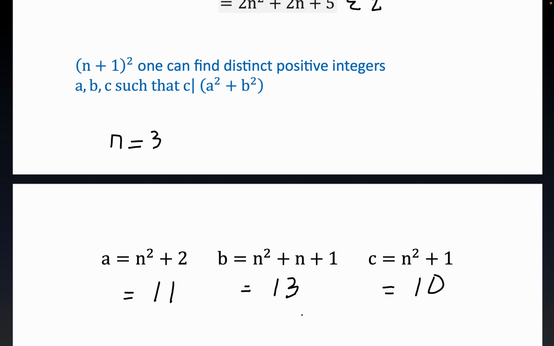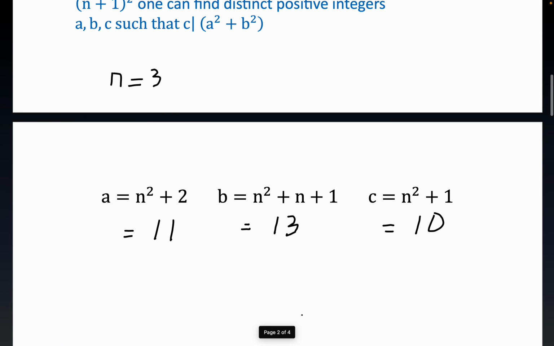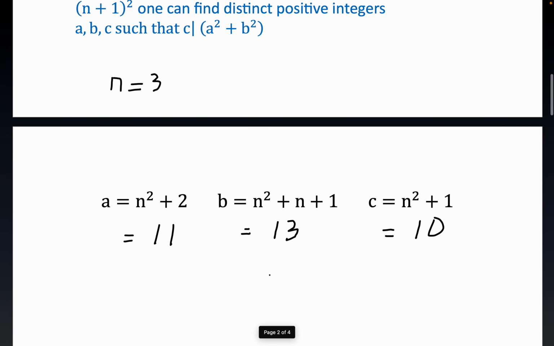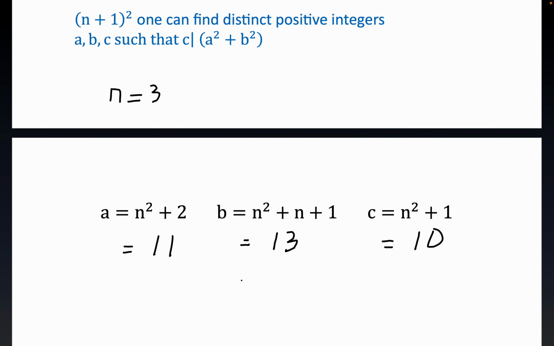So right here, now we have to square those, right? Remember, we have to show that C divides a squared plus b squared. So let's write that down. A squared plus b squared, all over C, we want that to be an integer.